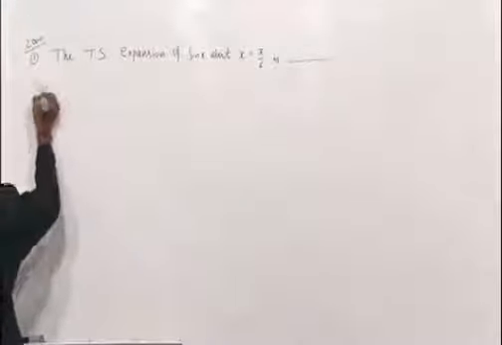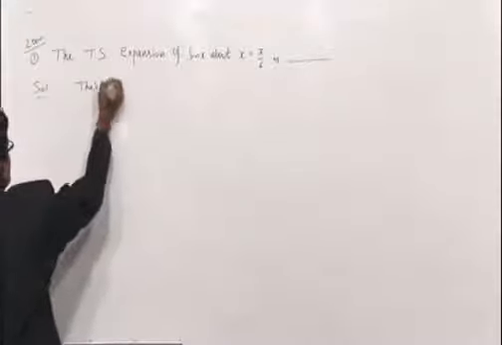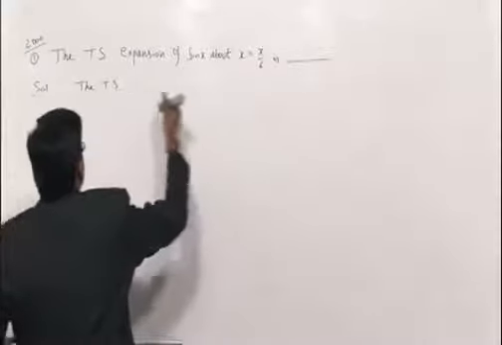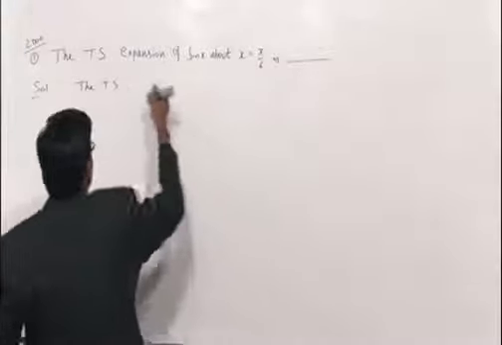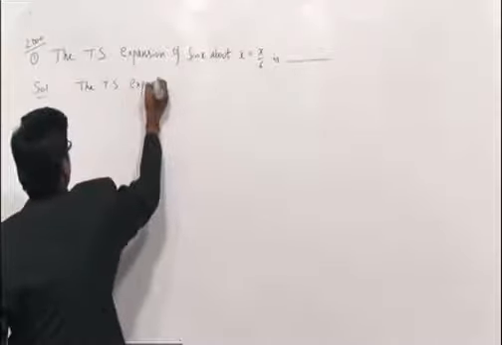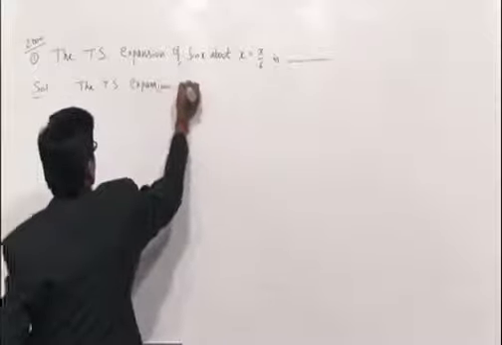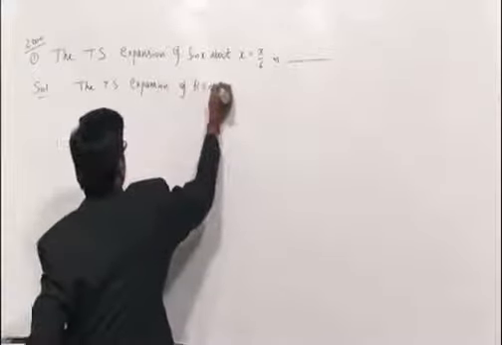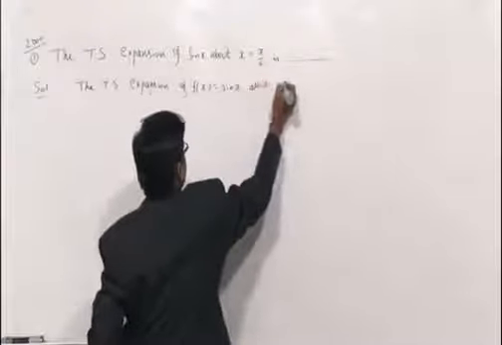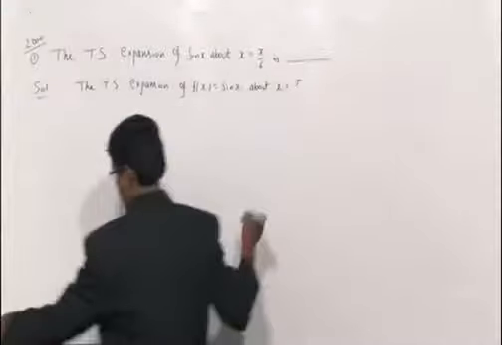Solution. I am going to do this problem with the Taylor series expansion, that means term by term calculating derivatives. Taylor series expansion of fx is equal to sin x about x is equal to pi by 6.